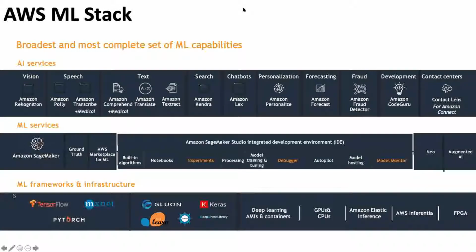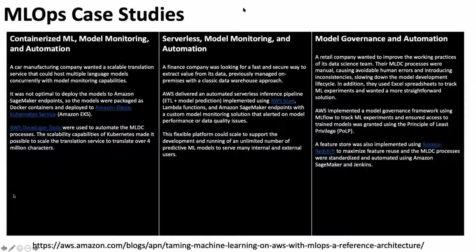Even with these rich, broad services, it doesn't give you all the capabilities to automate your machine learning. And the challenge is that from a data scientist perspective, you're not seeing that side of the story. That's usually where I was coming from, and now I can start to appreciate why we need CI/CD.